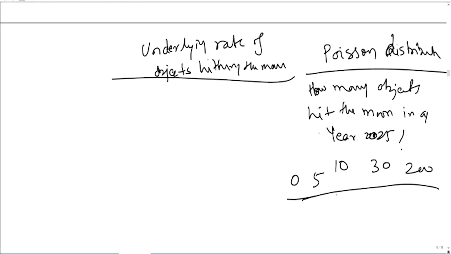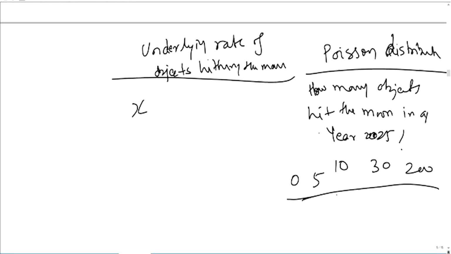Now if I have to describe how many objects hit the moon in a year, let's say this quantity is x. So x number of objects hit the moon in a particular year. What is the underlying generative process behind x?